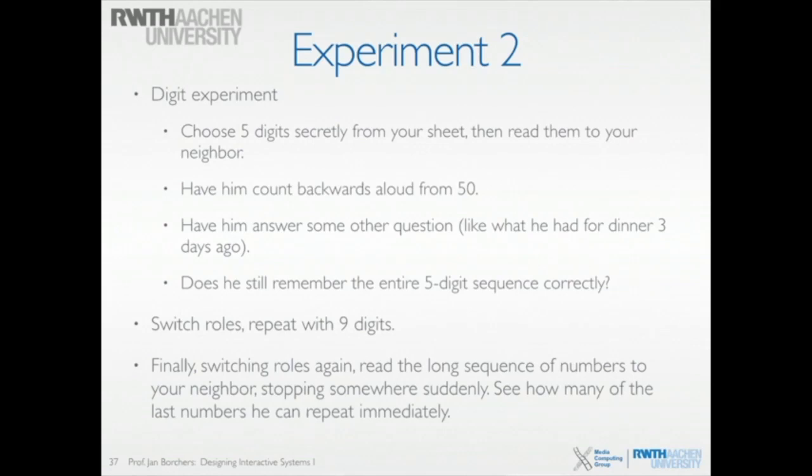So all the experimenters, put your hands up. How many of your subjects remembered 1 digit, 2 digits, 3 digits, 4 digits, 5, 6, 7, 8, 9, 10, 11. 11. Well, I think Professor Borchert had a contract for you.